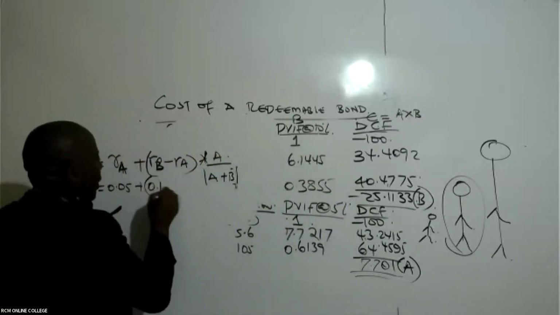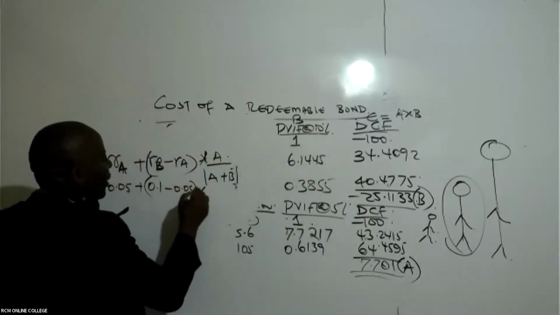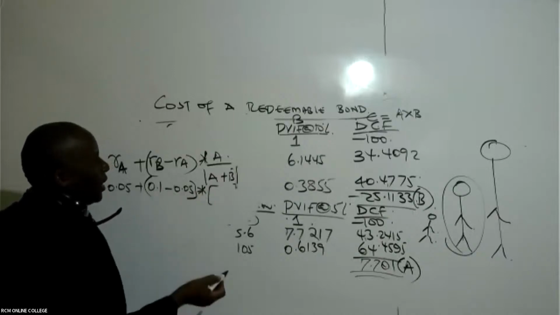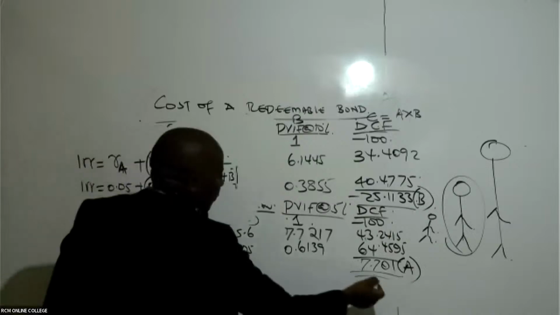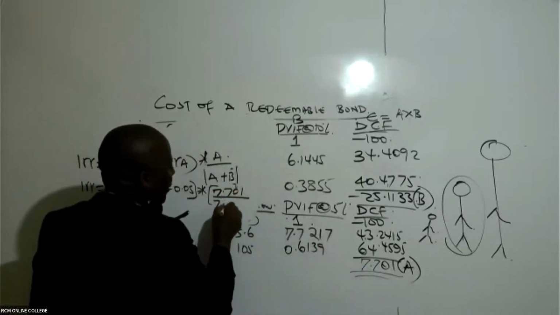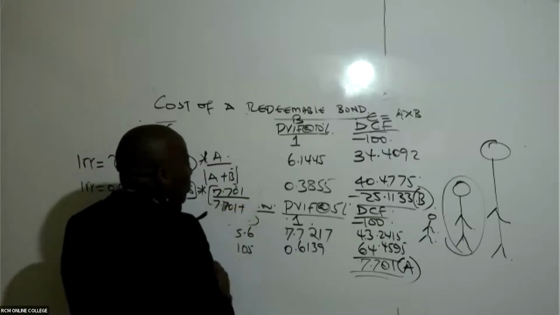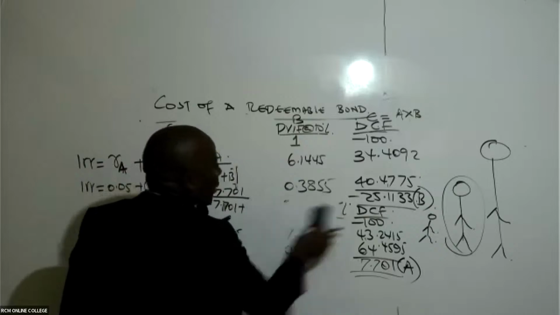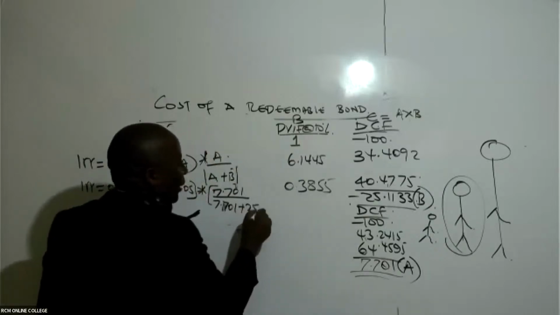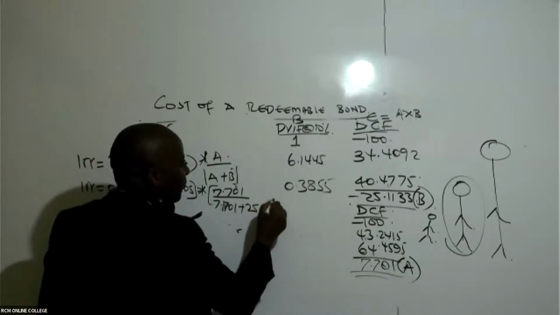So we have 0.1 minus 0.05 times, in brackets, our A, the positive NPV, 7.701, all over 7.701 plus our B, absolute. Remember, absolute means that we assume that B is positive.